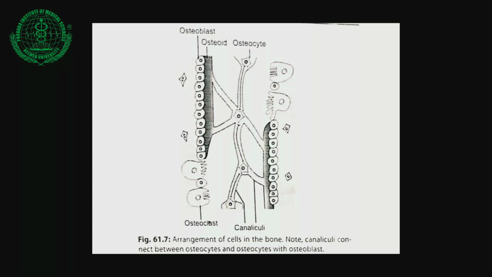Osteoclasts are the cells of the mononuclear phagocytic system in the bone. They are large multinucleated cells located towards the periphery of the bone.